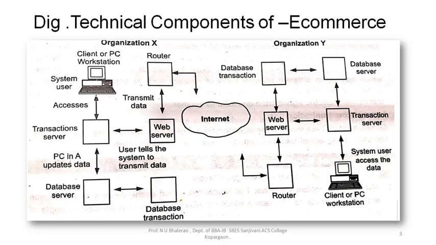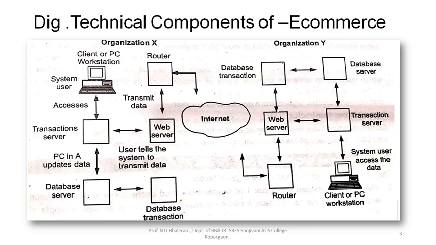So the above diagram will show you how e-commerce has its technical activities with its technical components to perform the buying or selling transaction through the medium of the internet.